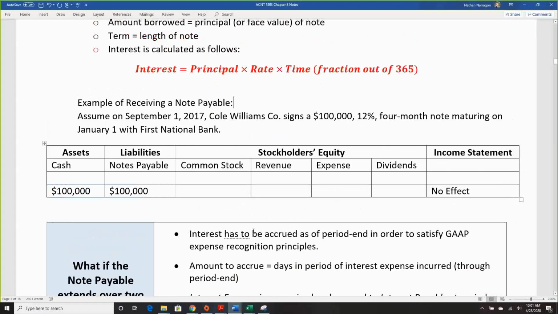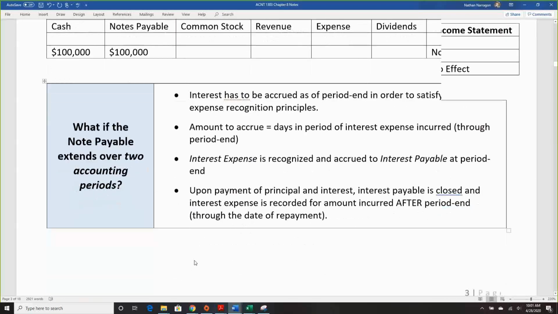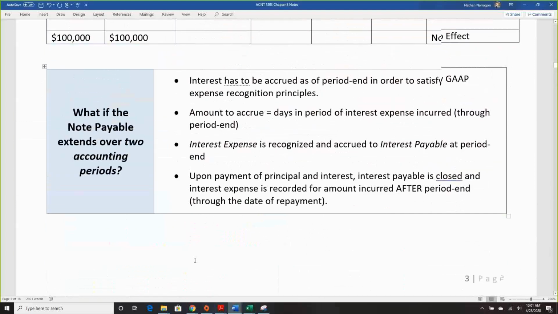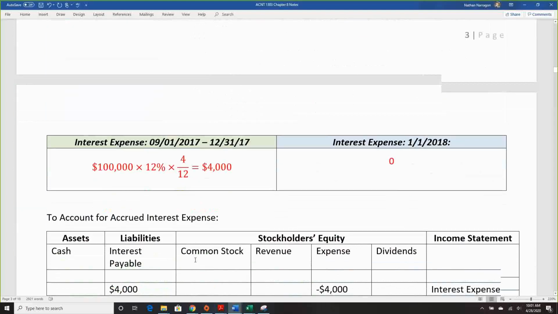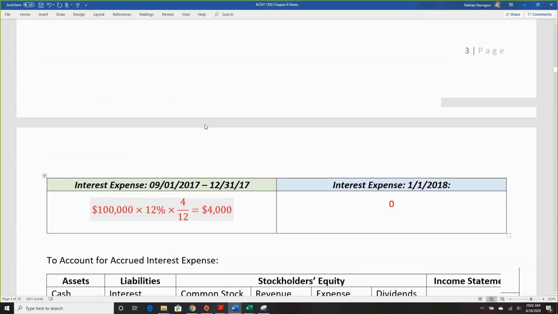But we gotta figure out interest. Now, usually with these notes, interest isn't paid until the note has matured. So we have this interesting thing, and we have the formula right here.